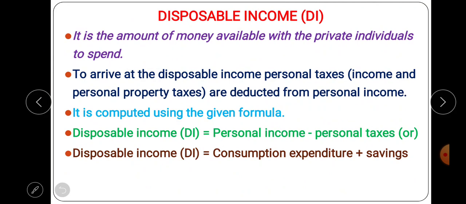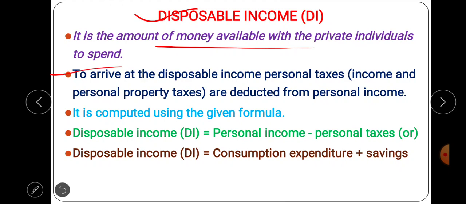Then the next concept, I think this one is the last concept in the national income accounts, that is the disposable income. Okay. So, this disposable income is nothing but the amount of money available with the private individuals to spend. Okay.